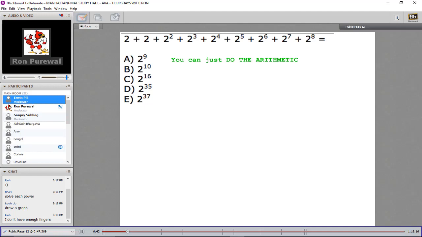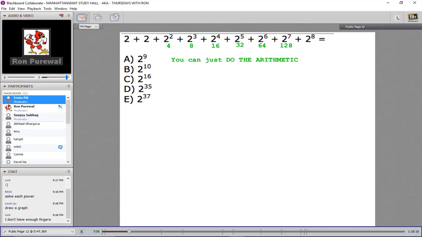Because the first few powers of 2 are, this is 4. 2 times 4 is 8, 16, 32, 64, 128. And then once they get bigger like that, you can just start estimating them. If you're fast enough to just work it out, you can work it out.